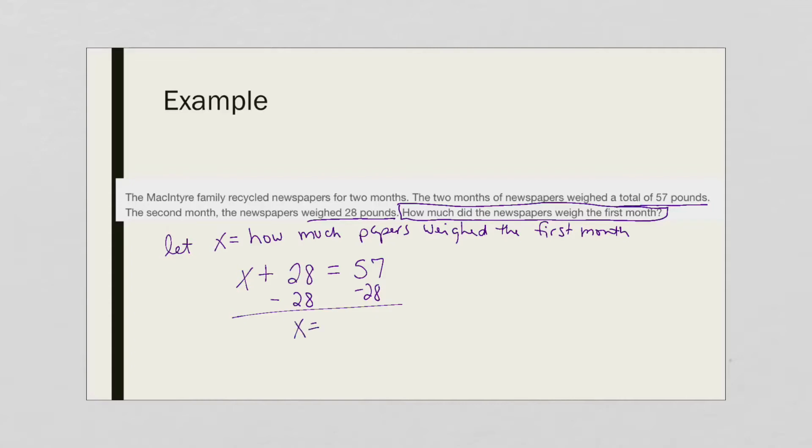So x is equal to 29. Now 29 what? What does this represent? It represents a weight. And so what's the unit of measure for this weight? Everything here is done in pounds. So we're assuming that this is also going to weigh 29 pounds. If you wanted to write a complete sentence, you would say, the first month the papers weighed 29 pounds.